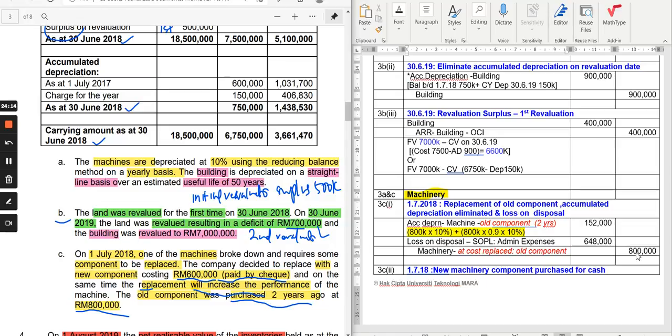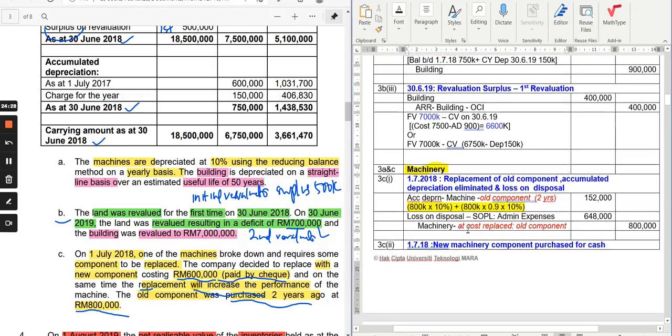And if you compare 800,000 with 152, the difference is the loss on disposal of the component being replaced. That should be reported in your admin expenses, because this is an item in your SOPL.